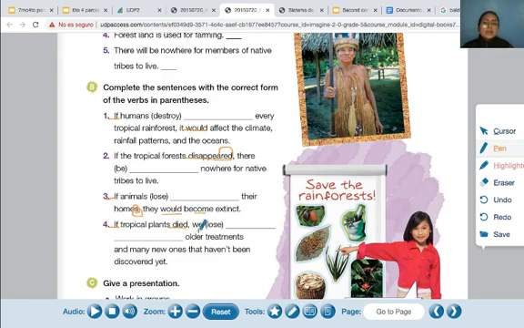And now you have to use the modal, in this case, would, exactly. And you have to write the same verb, in this case, in the base form, okay?